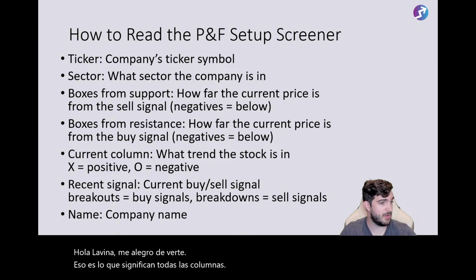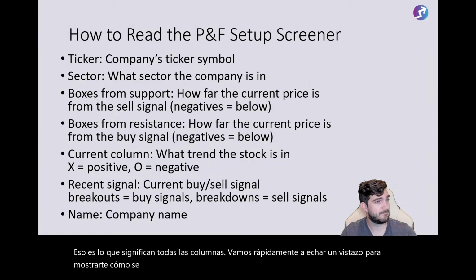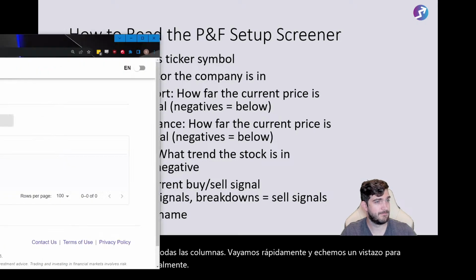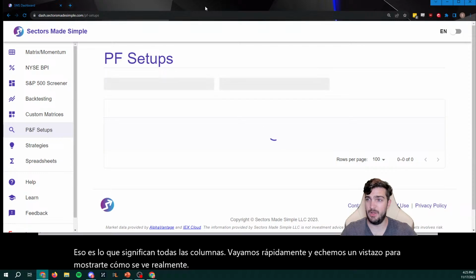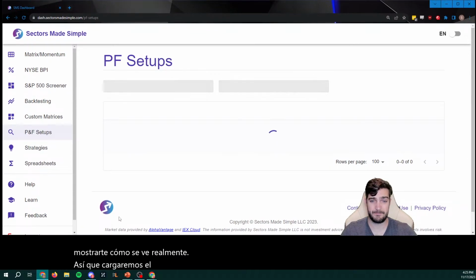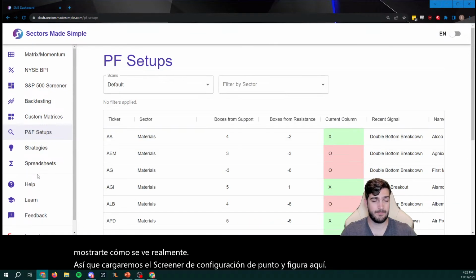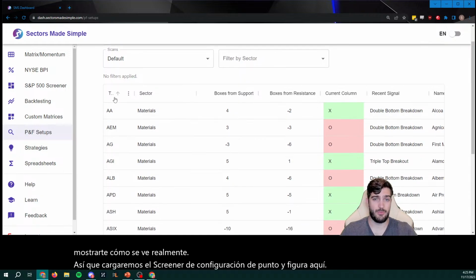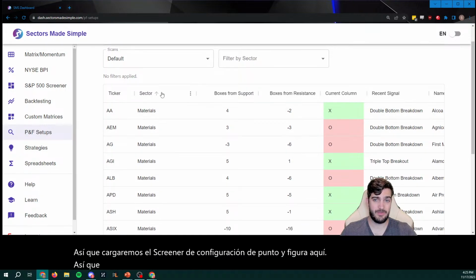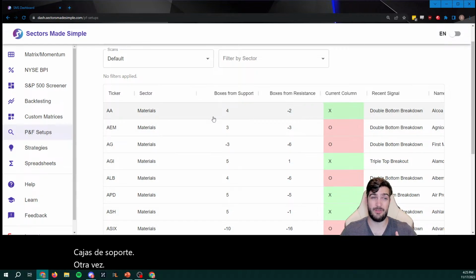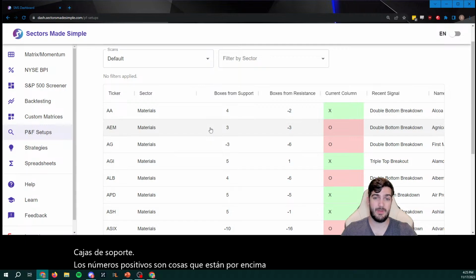Let's quickly go and take a look to show you what that really looks like. So we'll load up the point and figure setup screener here. So we have ticker symbol, sector, boxes from support. Again, positive numbers are things above the support, negative numbers below the support.